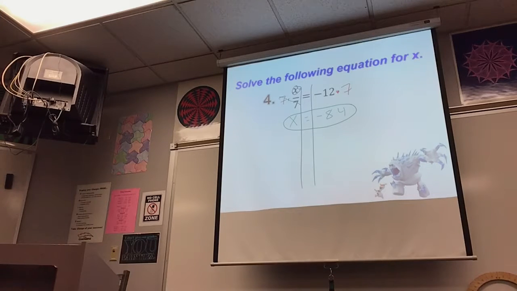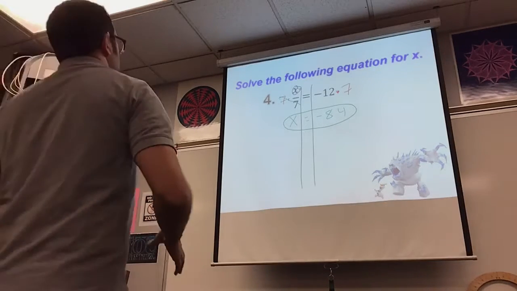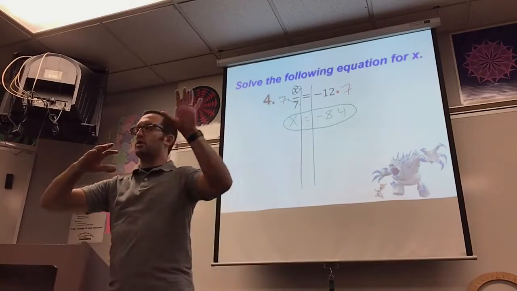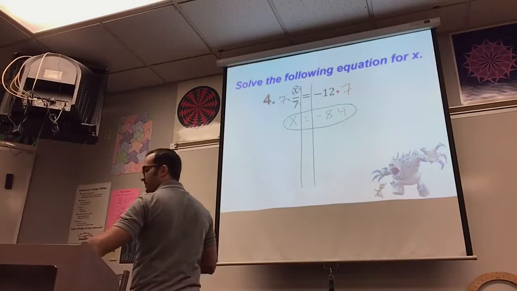Side work for number 5. Make sure that the work is actually on the side and not underneath the problem. Where that wall is, we want to let the wall kind of show our equation work. Do work on the side if you want to do work on the side.